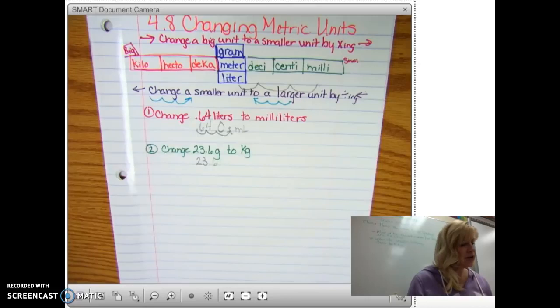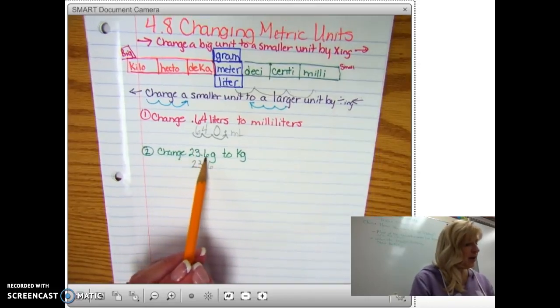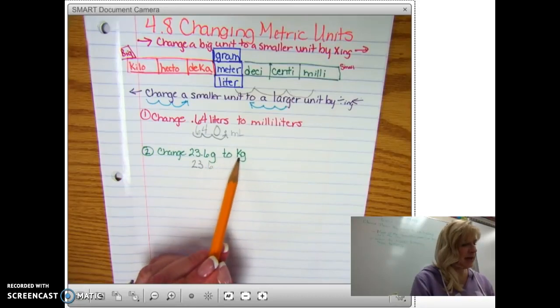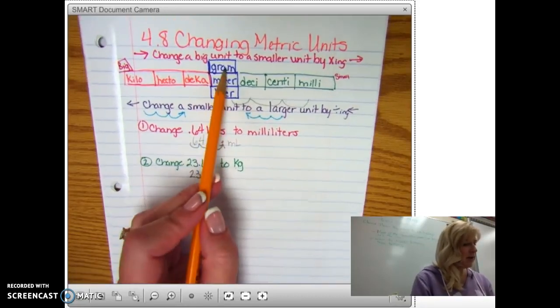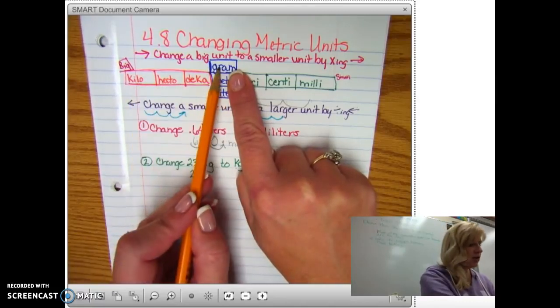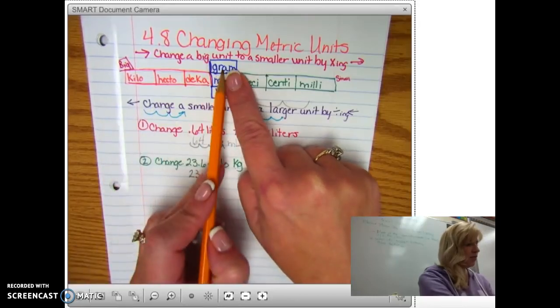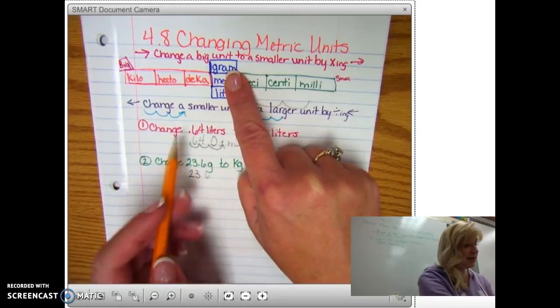So my next question is, how would I change 23.6 grams into kilograms? So if I go up here, I'm going to start here, and I'm going to go this direction. So I'm going from here to here. So my decimal point is going to move left. How many places, you ask?